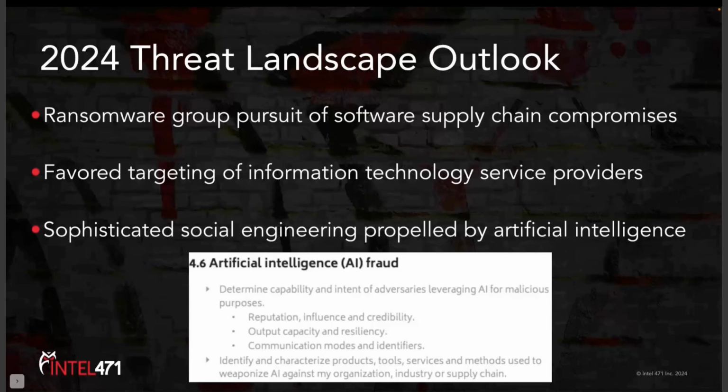It looks closely at deepfake video development and falsified voice programs, and how those could be leveraged to conduct social engineering campaigns more successfully and then get access within certain key suppliers that could then affect your organization.